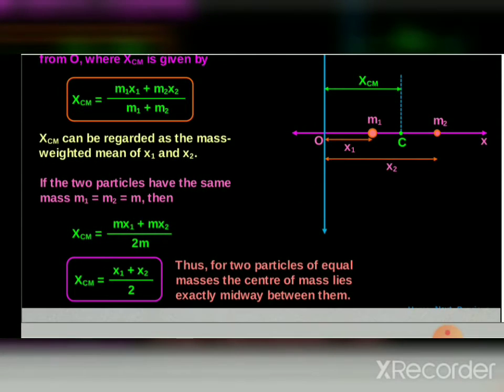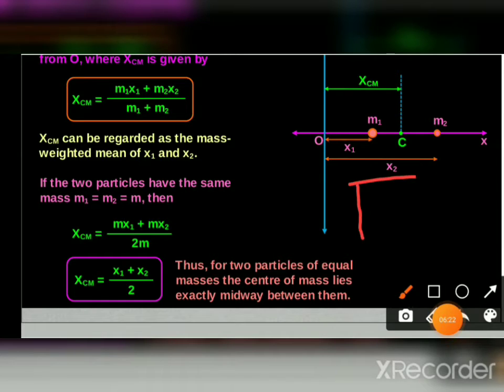But if the two particles have the same mass, you can write m for both m1 and m2, so m is common: m x1 plus m x2 upon 2m, and m will get cancelled. Thus, for particles of equal masses, the center of mass lies exactly between them.